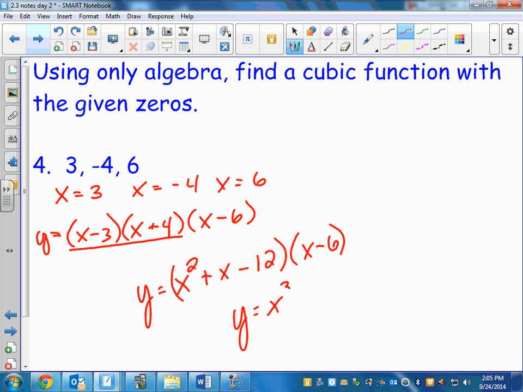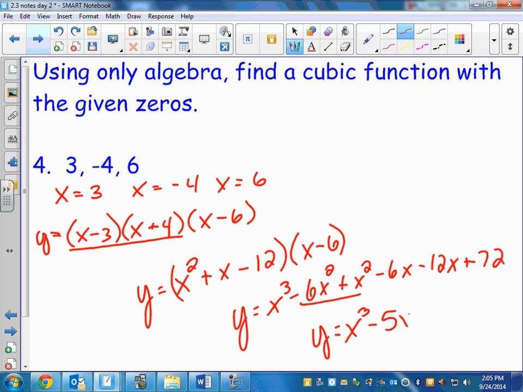So I get x cubed minus 6x squared plus x squared minus 6x minus 12x plus 72. Remember the good old days of Algebra 1 where you just FOILed this out all the time? So putting like terms together, we would get x cubed minus 5x squared minus 18x plus 72.